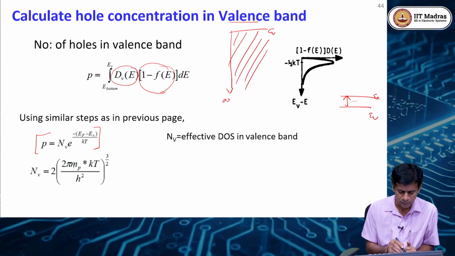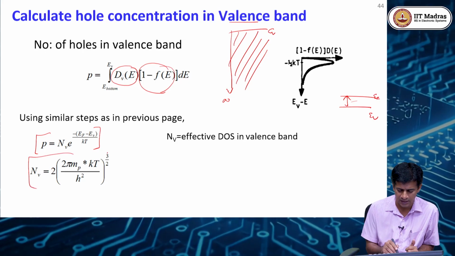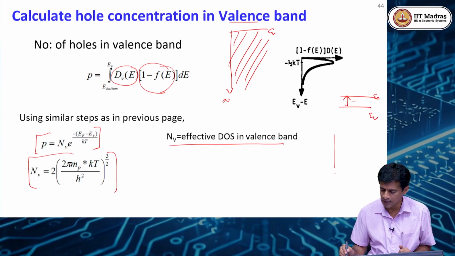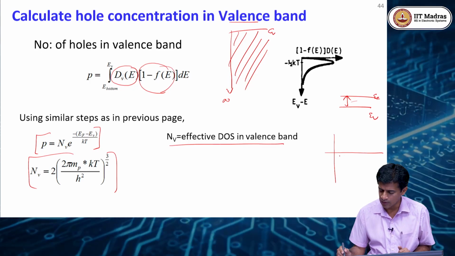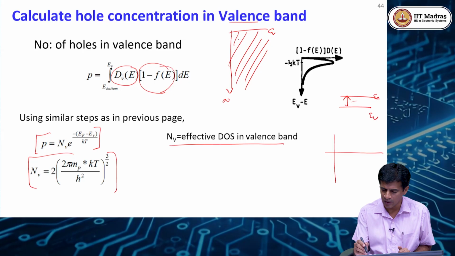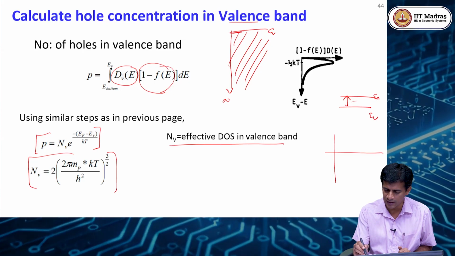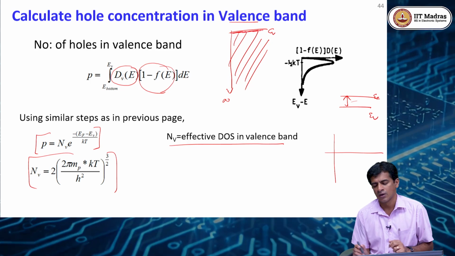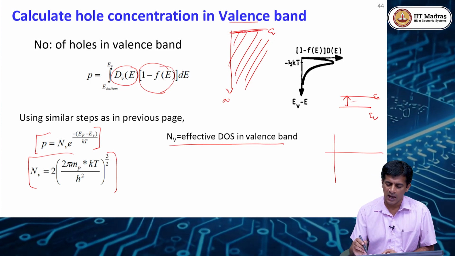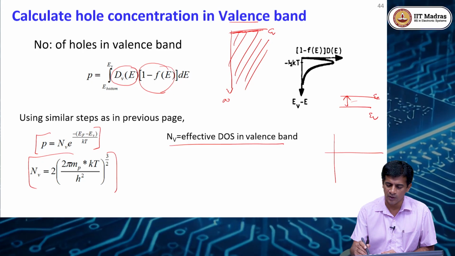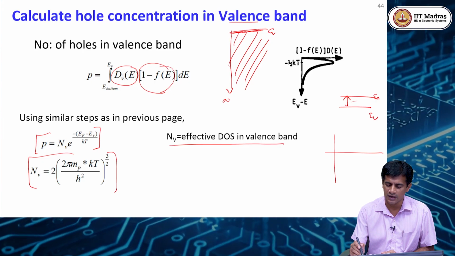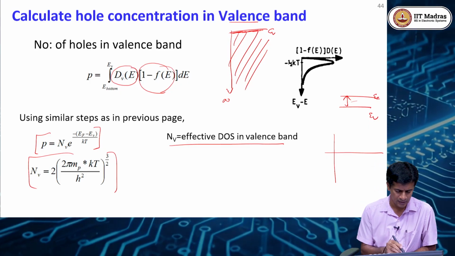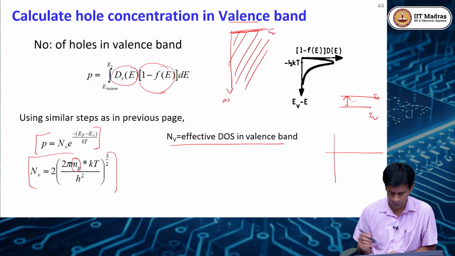Again, NV is the density of states in the valence band. Most of the holes are in close proximity to the top of the valence band. It's as if you take all the holes and create a large number of states at the top of the valence band, and all the holes are occupied there. And this is the density of states, with the effective mass of holes, like that.